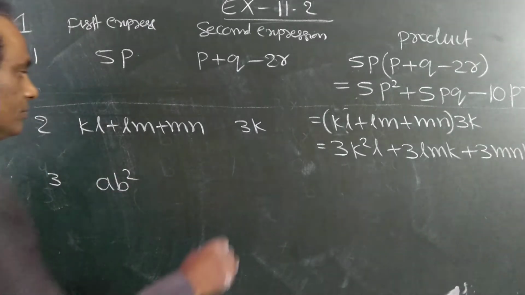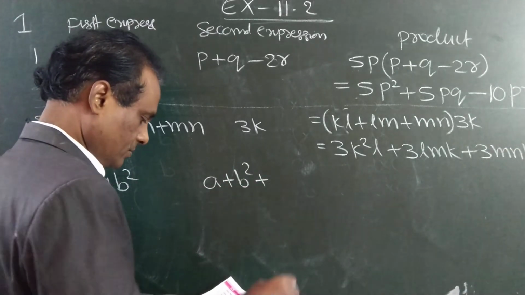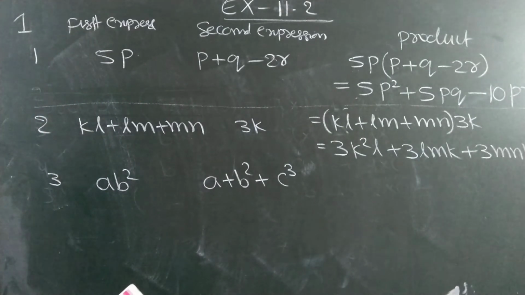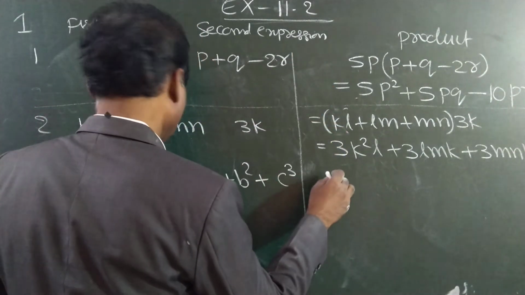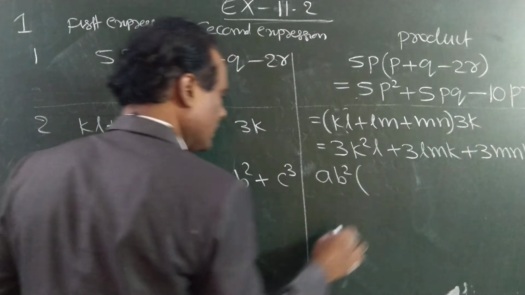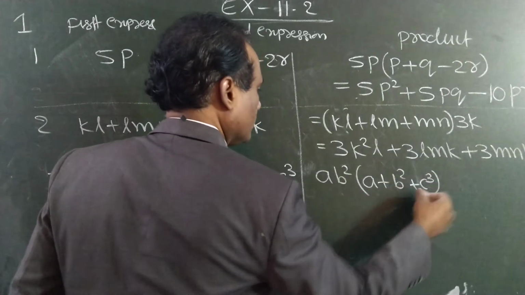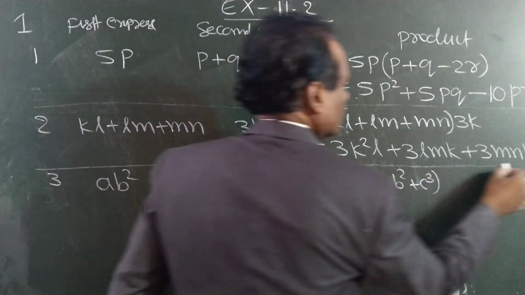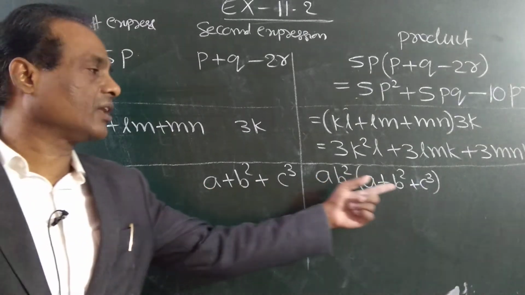AB square, just for practice. Do it. The question is multiply. AB square is multiplied with A plus B square plus C cube.